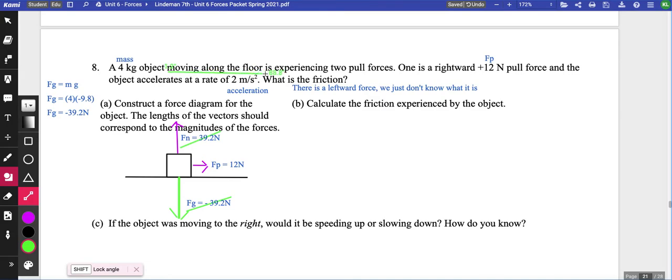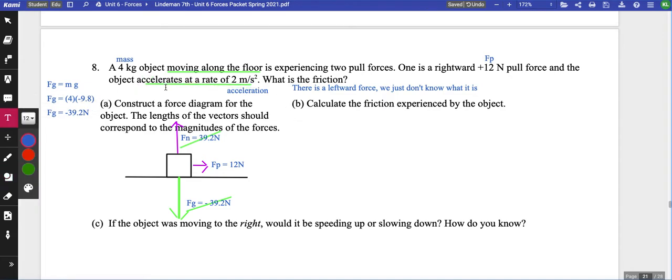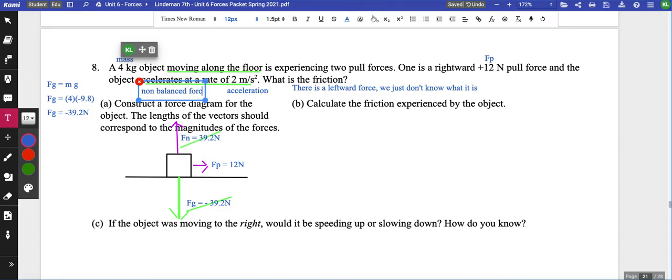It's moving along the floor and it's accelerating, which tells us that we have non-balanced forces, which tells us we have some net force that is a non-zero number. We just don't know what it is yet.